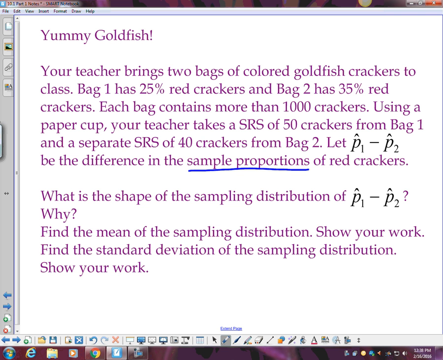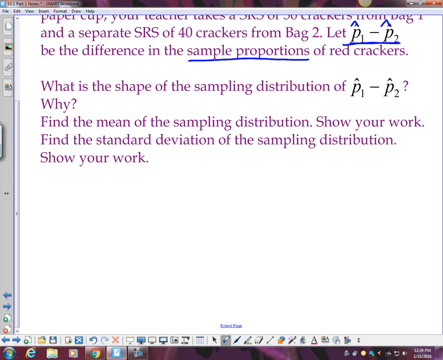So these are samples of the red crackers. So this is the difference, and hats because these are samples. What is the shape of the sampling distribution of the differences of these sample proportions, and why? Find the mean, show your work, and find the standard deviation, show your work.